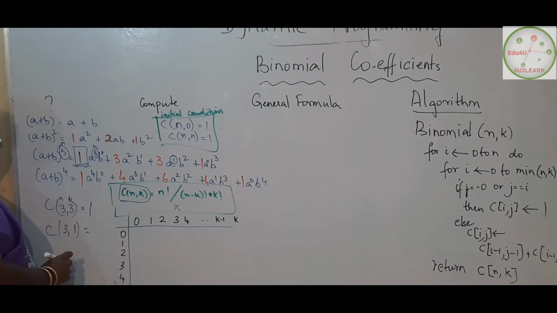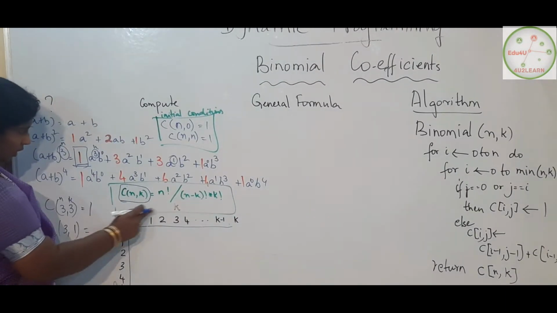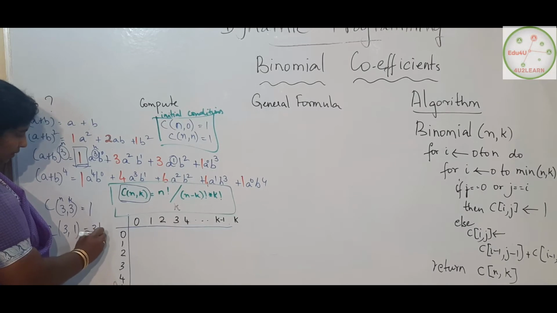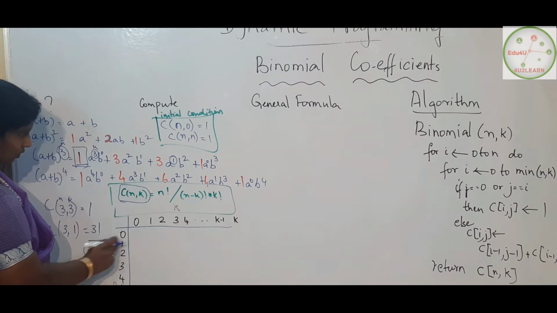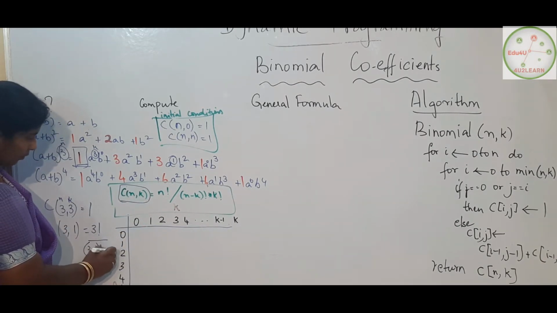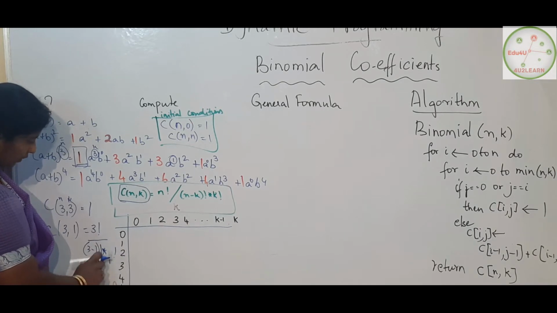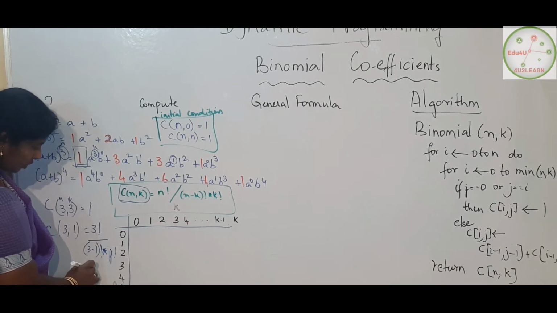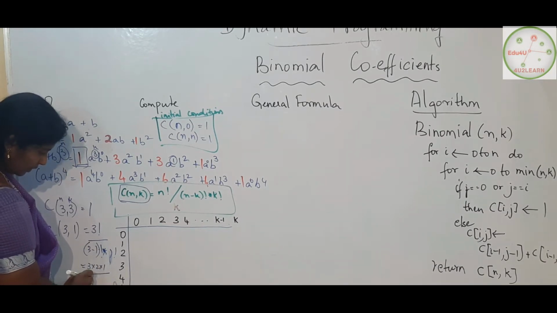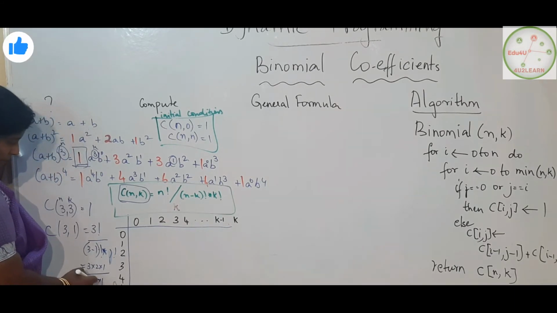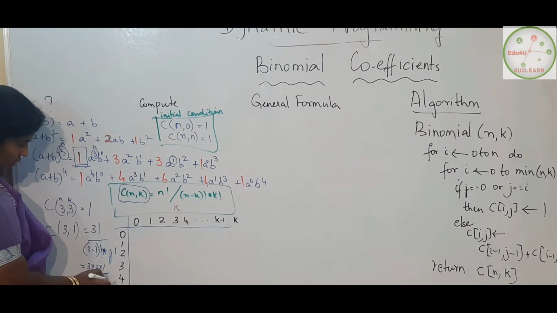How do I calculate here? It is n factorial, that is 3 factorial, divided by (3 minus 1) factorial into k factorial, that is 1. So 3 into 2 into 1 divided by 2 into 1 into 1. So here it is 3.